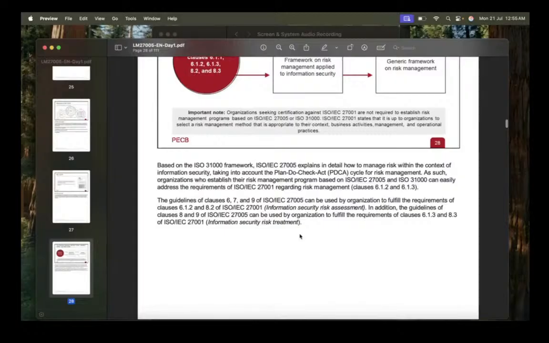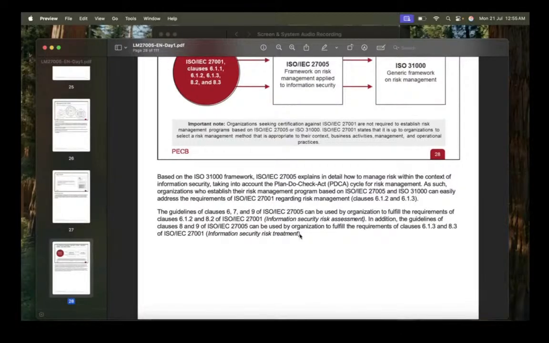Then what we can read further is that, based on the ISO 31000 framework, ISO 27005 explains in detail how to manage risk within the context of information security.